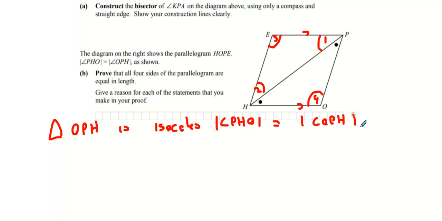Okay, no worries. Now, it says it's a parallelogram, so we can say there that angle 1 equals angle OPH, or sorry, equals angle OHP. Reason being is the Z, remember the alternate angles.